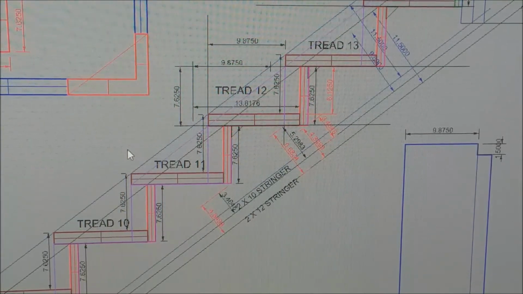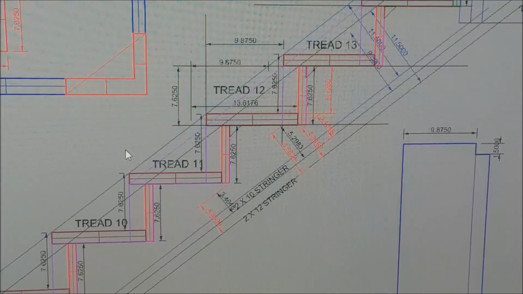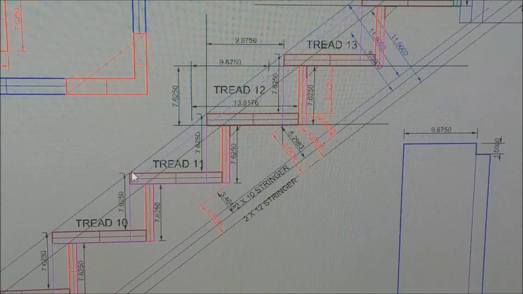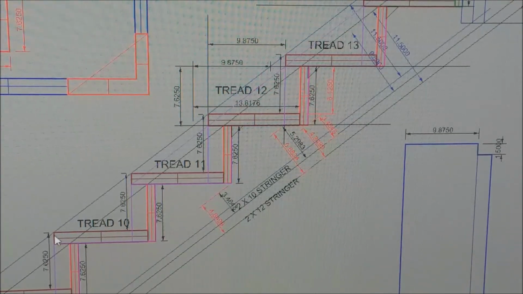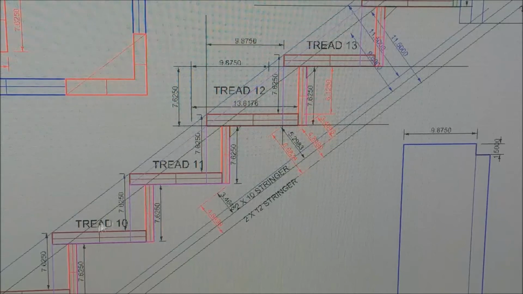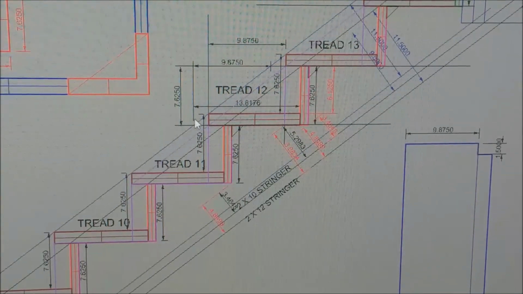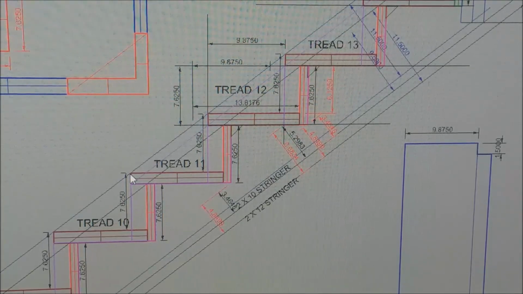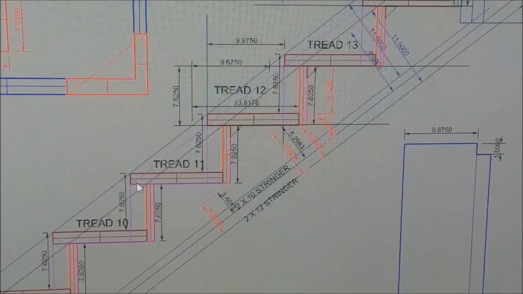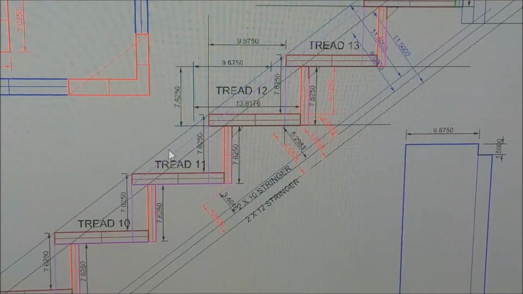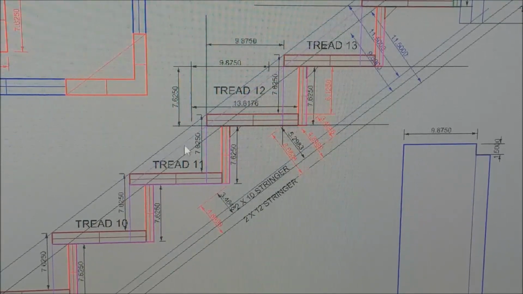And if you have access to something other than arithmetic and a piece of paper, you can calculate the distance from this nose to that nose along the stringer. And so all these lines here will be that distance apart. And if you start at the right place at the bottom, which is the nose of the tread, or this cut here, because these are the lines that are parallel at the rise height.